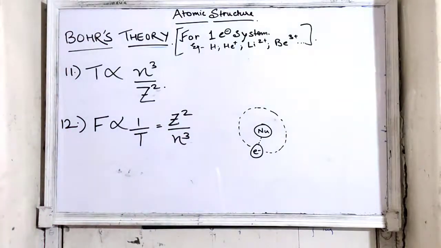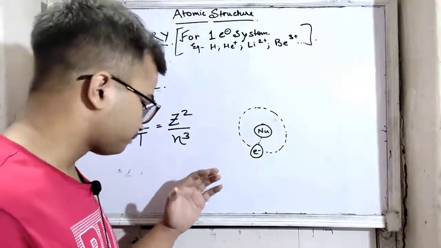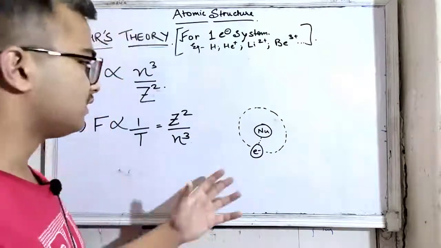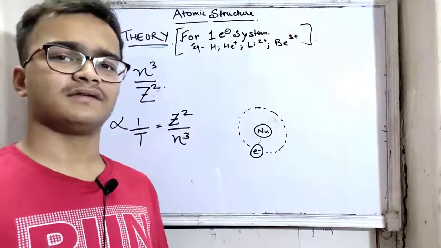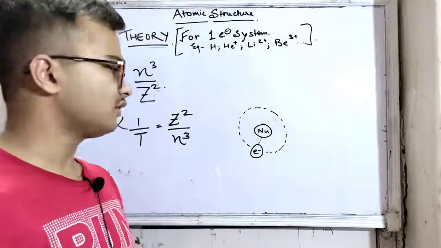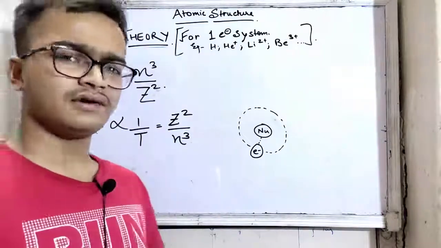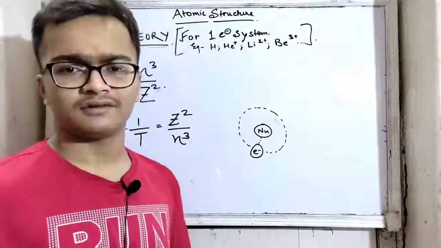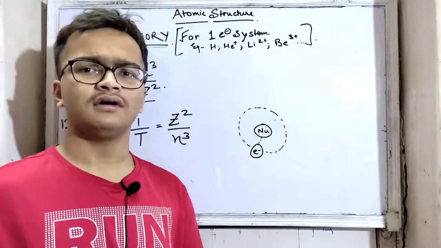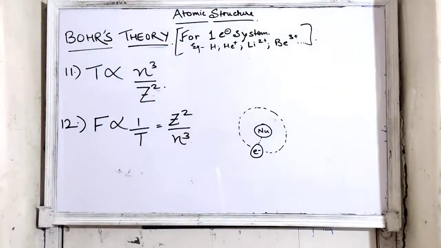Frequency is how much the electron covers in 1 second, which is the inverse of time period, so it is z square by n cube. So copy it up to this much. Now I will do some numericals from Bohr's atomic theory. So copy it, I will bring the numericals.